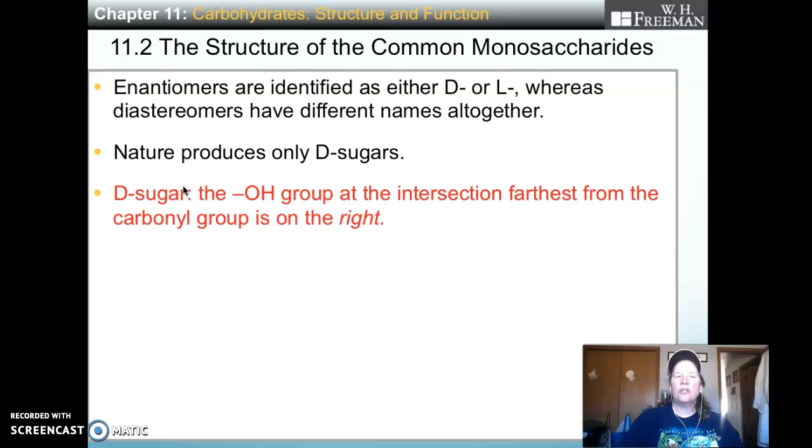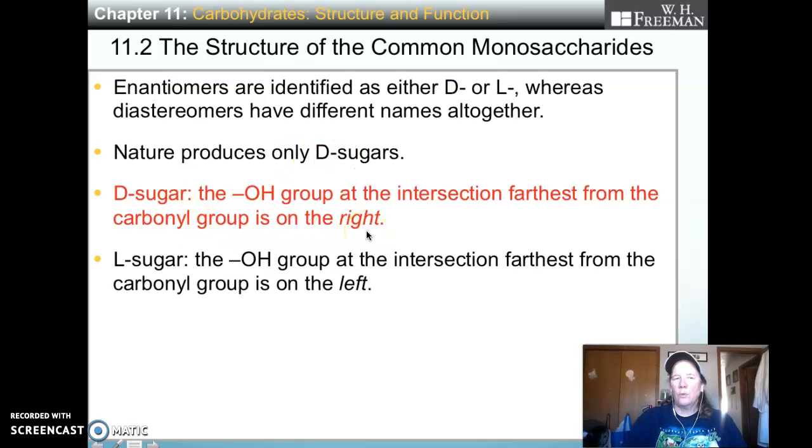Okay, with the D sugar, the OH group at the intersection, in other words, when you have your chain, you have your double bond O on the first one, and the OH is going to be away from it. Okay, and the group is always on the right. With an L, the group is always on the left, which is kind of nice because L is left.